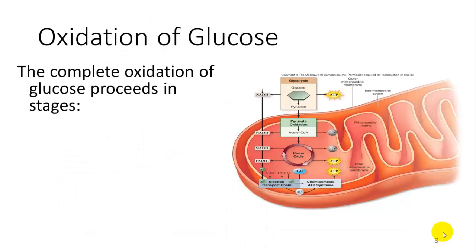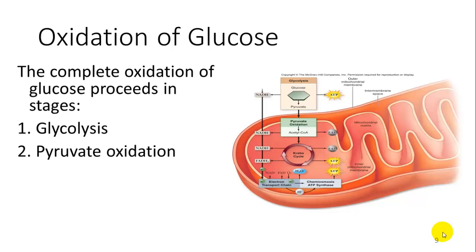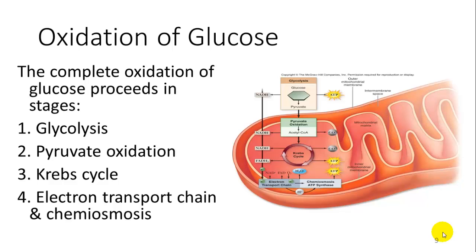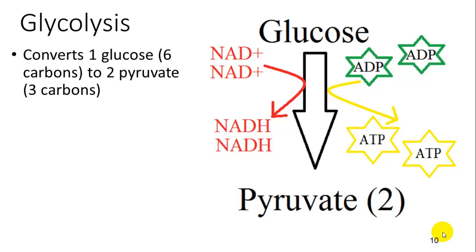Alright, so the complete oxidation of glucose proceeds in 4 stages. The first is glycolysis, where you break down glucose. Then you have pyruvate oxidation, the Krebs cycle, and the electron transport chain and chemiosmosis. Glycolysis is the breaking down of glucose into 2 pyruvate molecules, and pyruvate is a 3-carbon molecule.